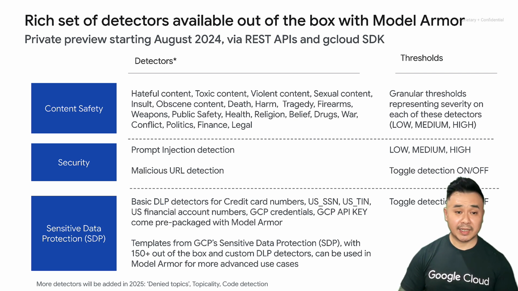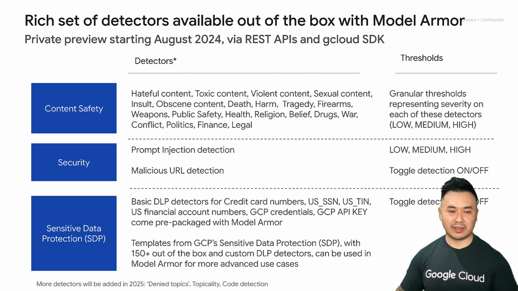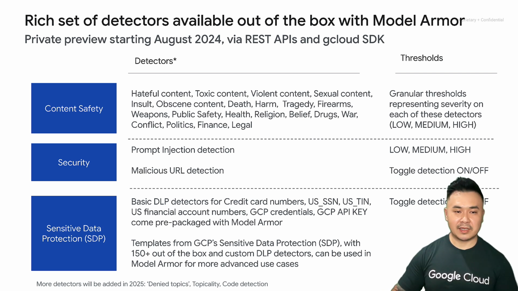It also provides on and off turnkey prompt injection detection and malicious URL detection. The malicious URL detection uses the Safe Browsing database, which is essentially the database behind Chrome's red screen of death. Every time you browse to a phishing website in Chrome, it turns red, and that's the same database supporting this particular feature.